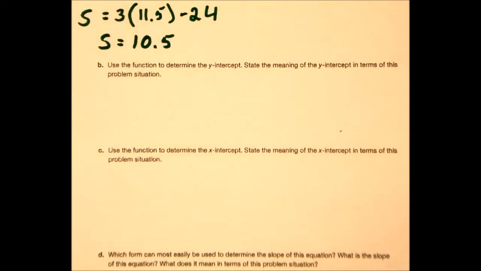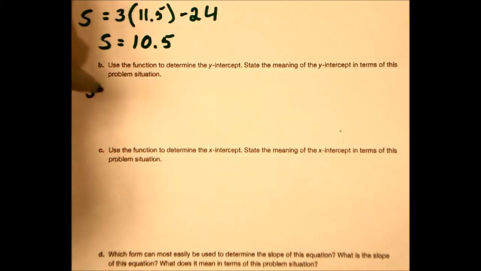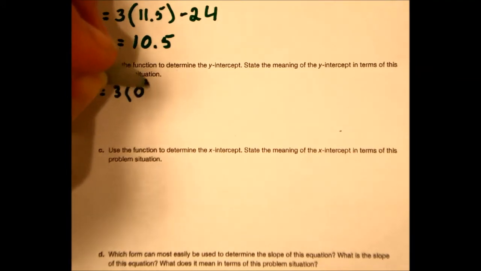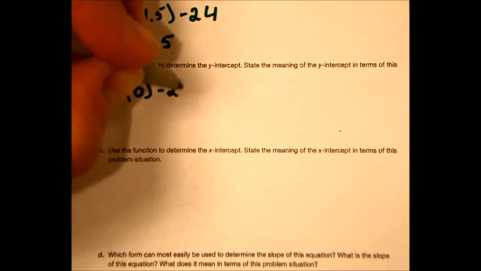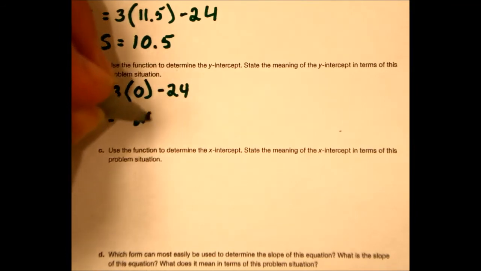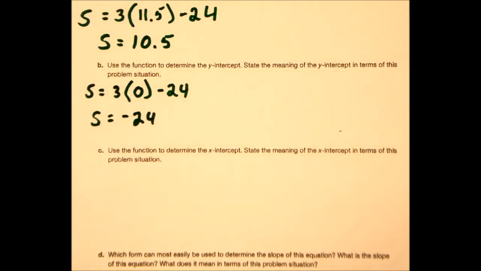But how can we show it mathematically? If I want to know what the y-intercept is, I take the equation and plug a 0 in for x. So I get S equals negative 24. And what would that mean?